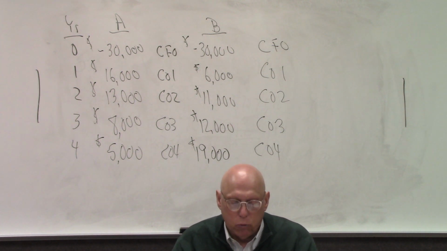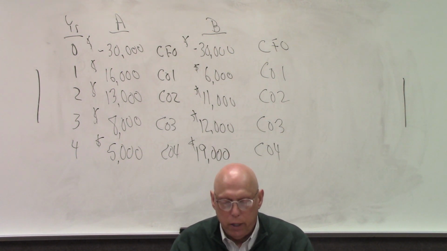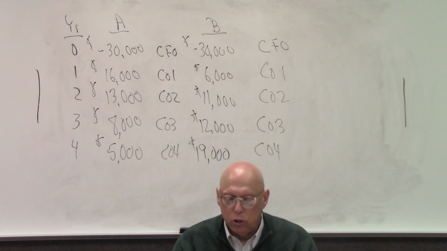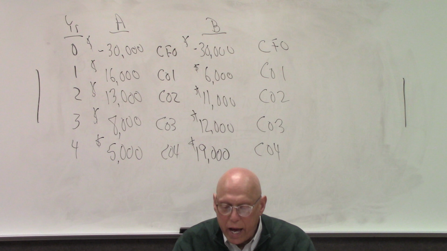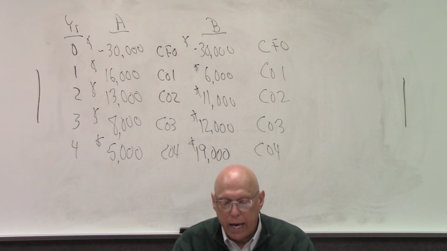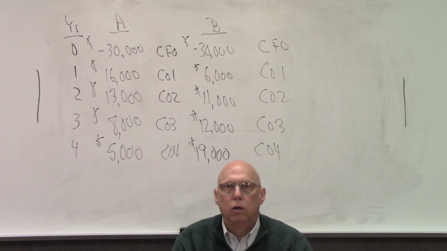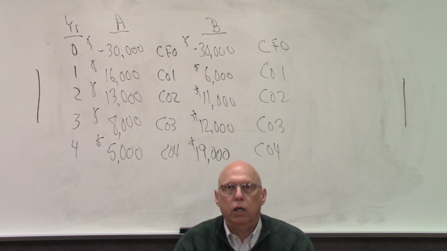What does the internal rate of return do and measure? The internal rate of return is the discount rate that equates the present value of the cash inflows and the cash outflows associated with the project. So cash inflows minus cash outflows equals 0.